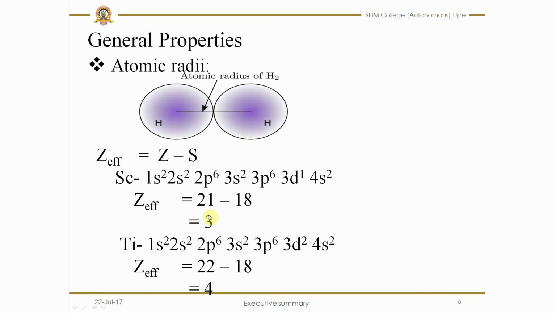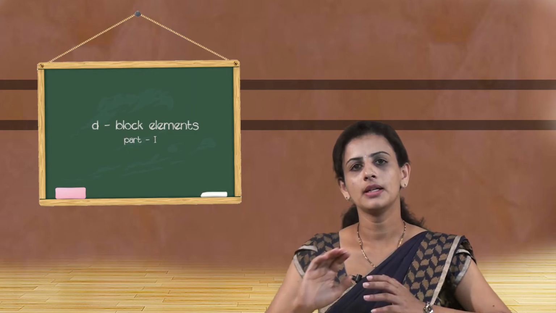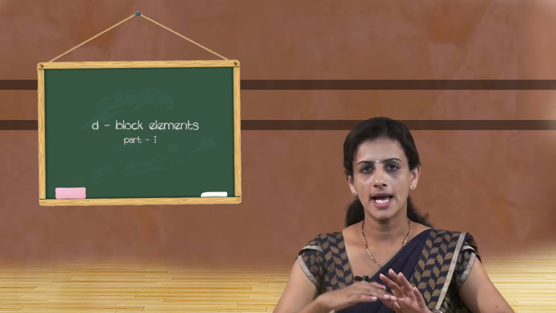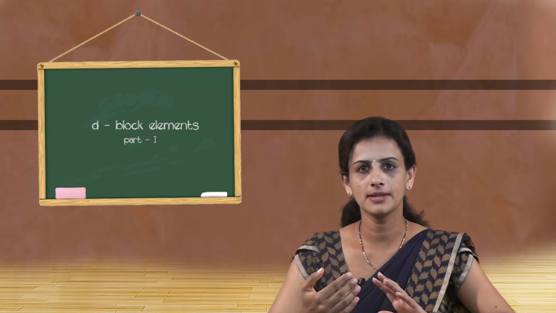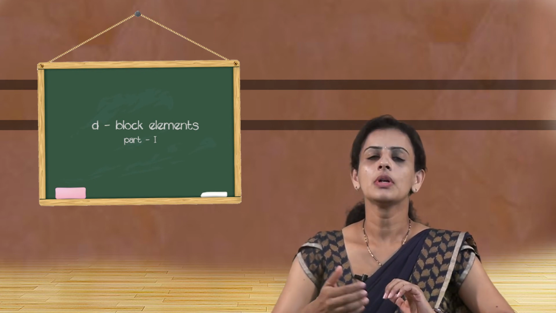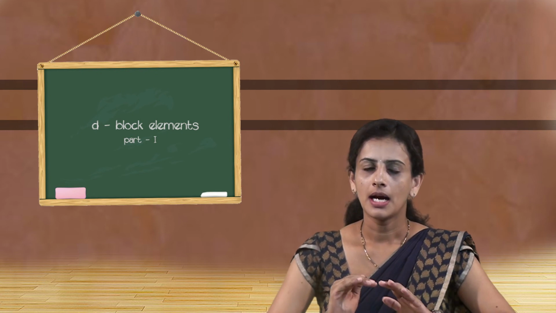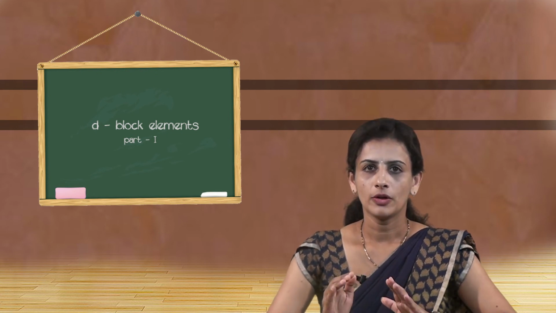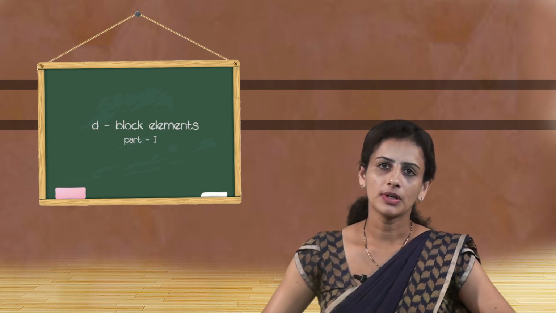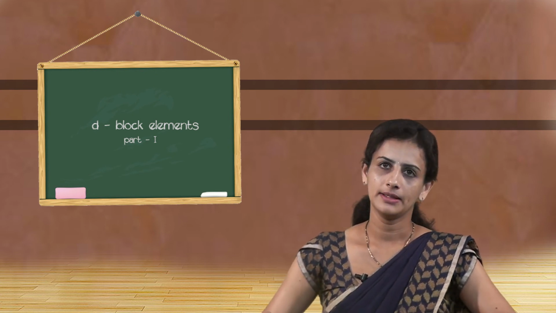With the increase of atomic number, effective nuclear charge also increases. Nuclear charge is the positive character of the nucleus. So as the positive nature increases, it pulls the electrons, so contraction takes place and the atomic radii decrease.